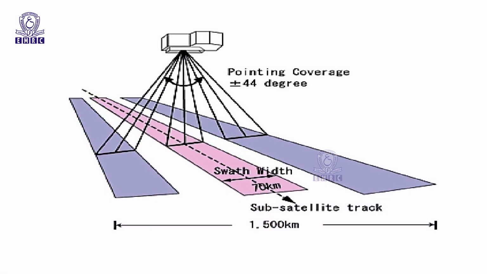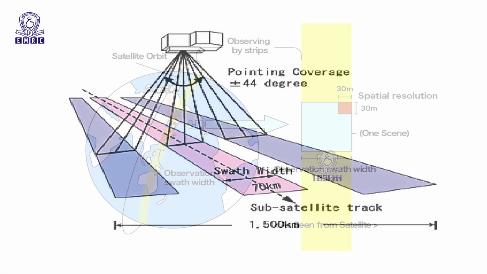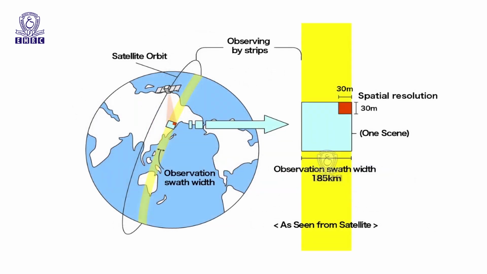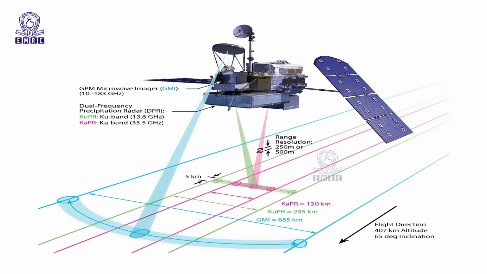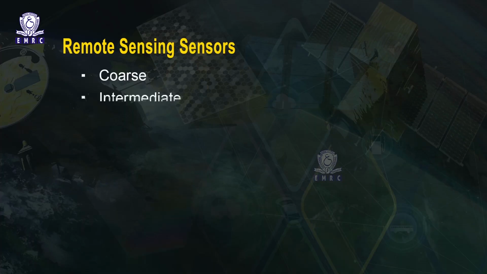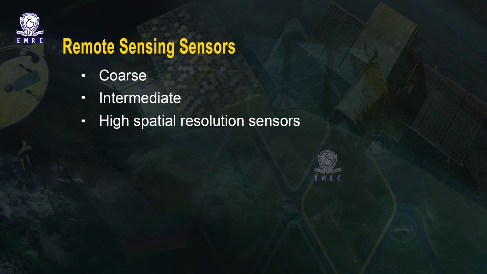Spatial resolution of the remote sensing system is influenced by the swath width. Spatial resolution and swath width determine the degree of detail that is revealed by the sensor and the area of coverage. Remote sensing sensors are generally categorized into coarser, intermediate, and high spatial resolution sensors based on the spatial resolution.